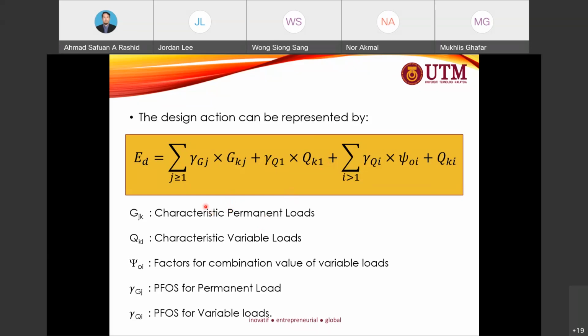So here we have the characteristic permanent loads, characteristic variable loads, the factor for combination value of variable loads, the partial factor of safety for permanent loads, and the partial factor of safety for variable loads.